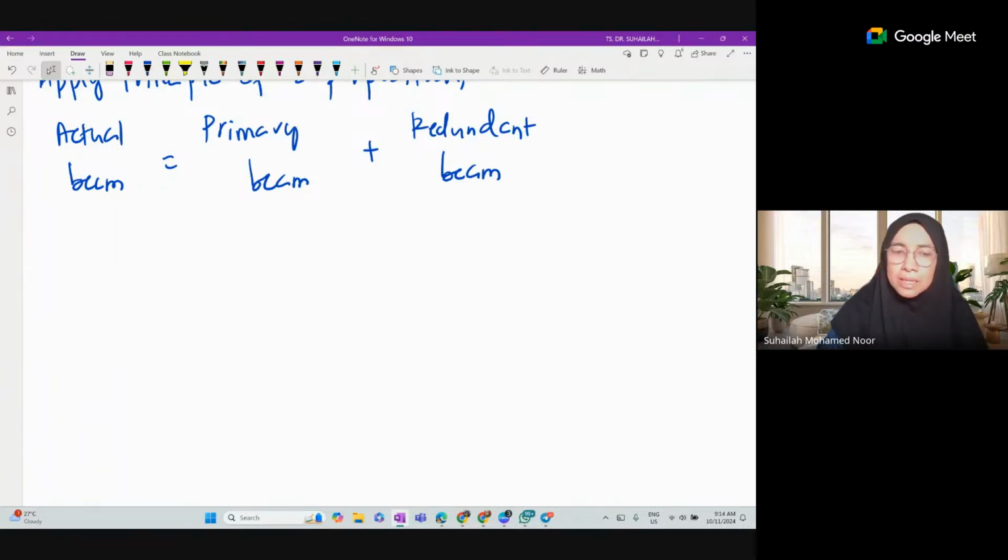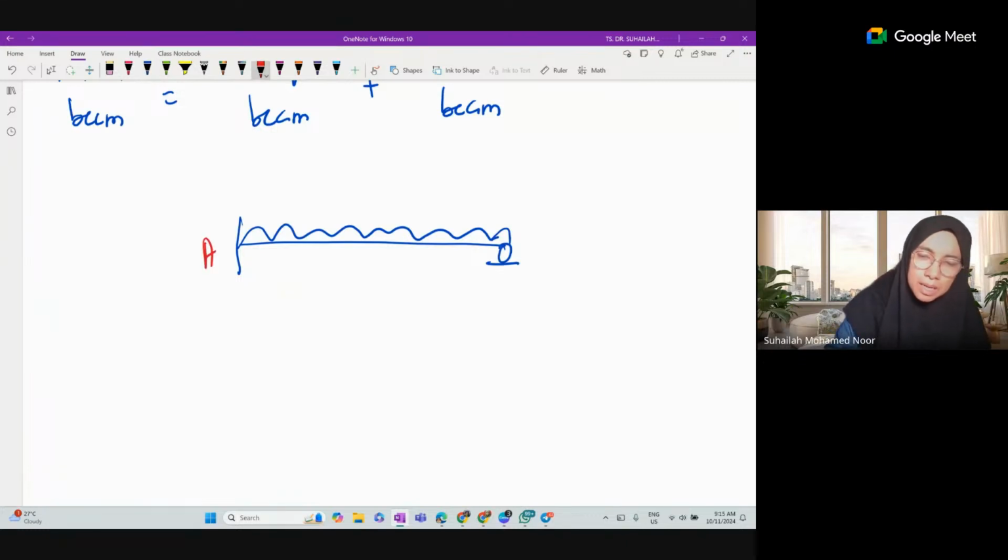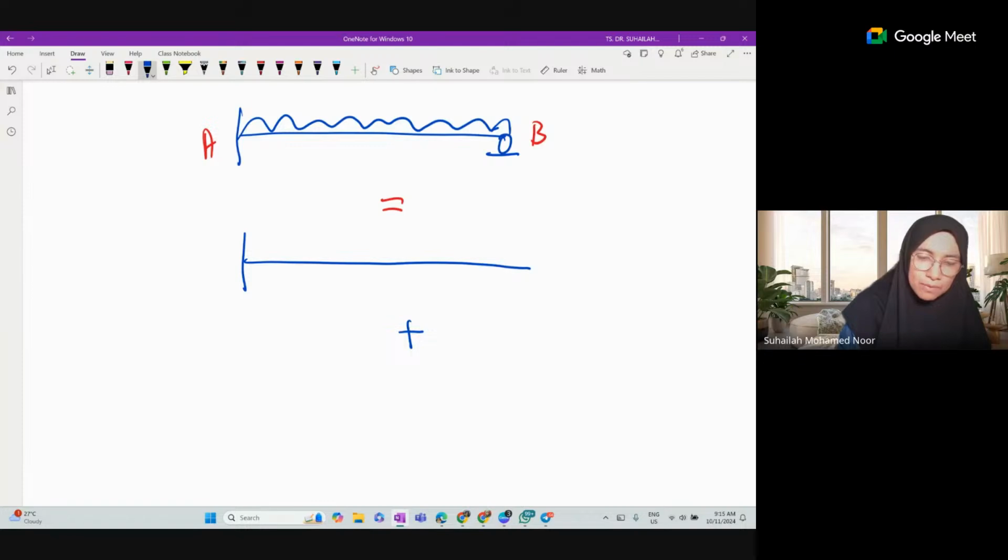So we have to draw the diagram for all these systems, starting with the actual beam, A and B. The actual beam equals two cantilevers: one for the primary system and one for the redundant system.